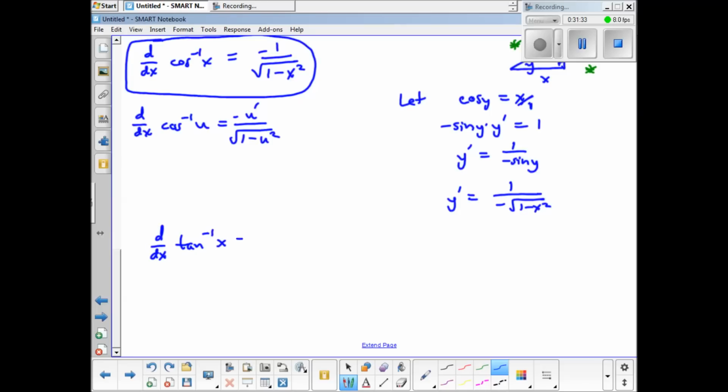The derivative of inverse tangent is 1 over 1 plus x squared.